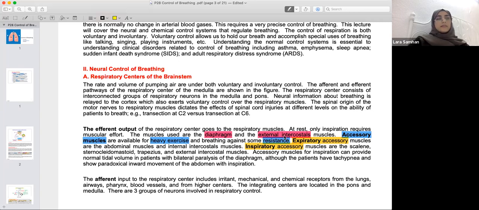Now, for example, say we had a patient who has any pathological illness in the lungs or in the body in general, or somebody who is exercising, or an athlete. For whatever reason, somebody needs muscles other than the diaphragm and the external intercostal muscle to breathe.